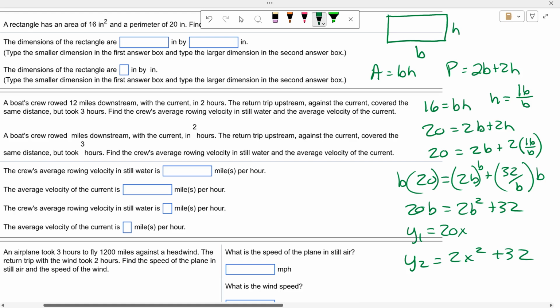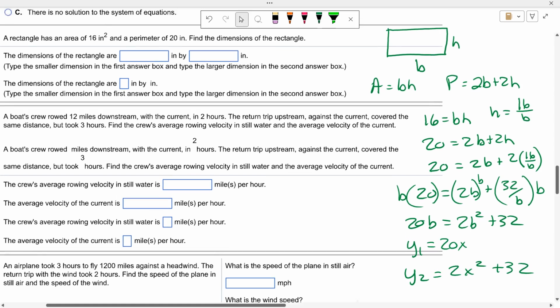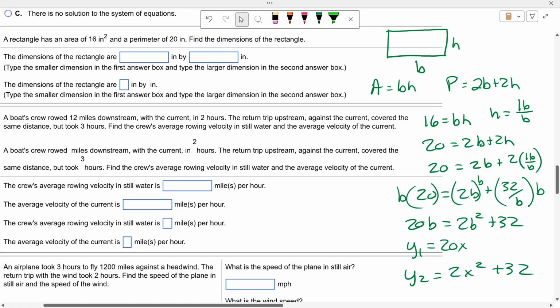You'd graph it, you find out where they intersect, and you'll get probably one positive number, one negative number, or else two numbers that mirror each other. Okay? So if you get that, then you just fill it in. Okay?